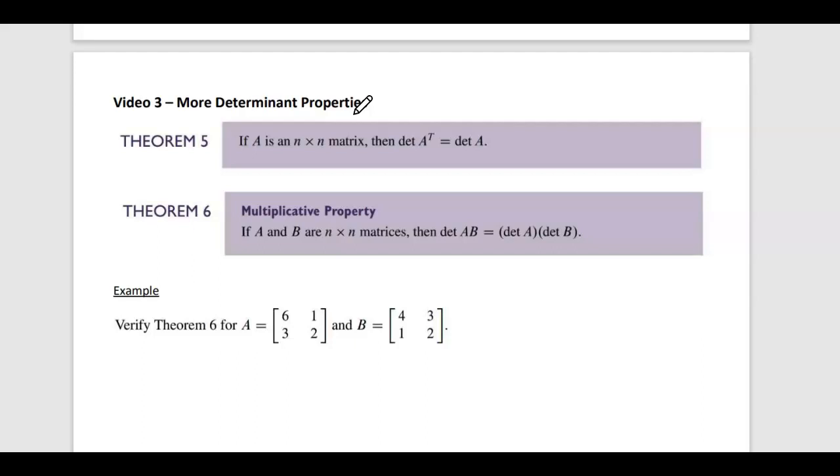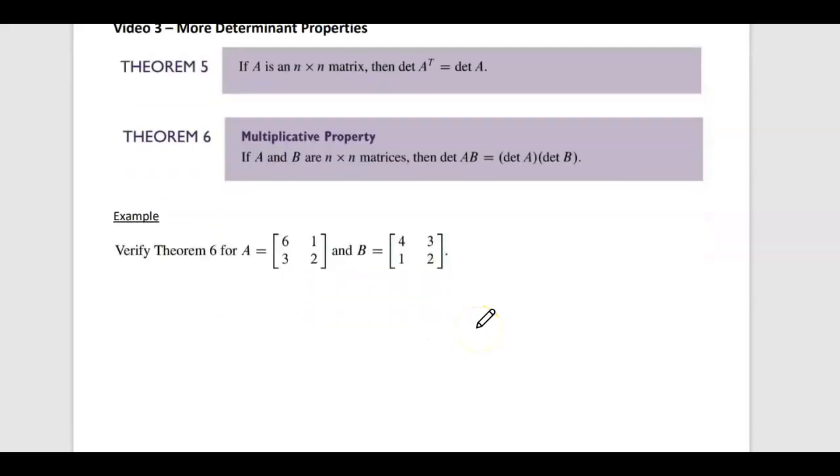In the example in the book, it says to only verify theorem 6, but I actually want to verify theorem 5 as well. So let's look at what A transpose would be. It says take the first row and make it the first column.